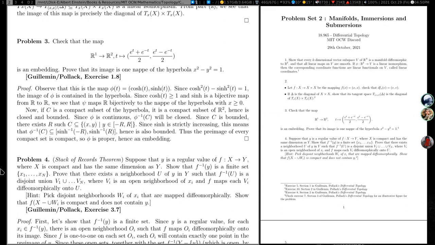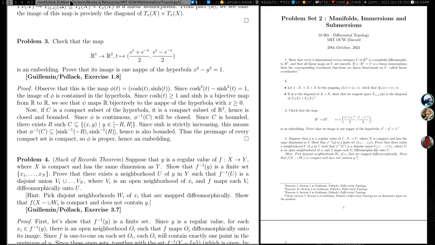And the definition of proper is that the preimage of compact sets is compact. So there's where I feel like I kind of went, well, I think I have a solution, but I don't think it's the best possible.